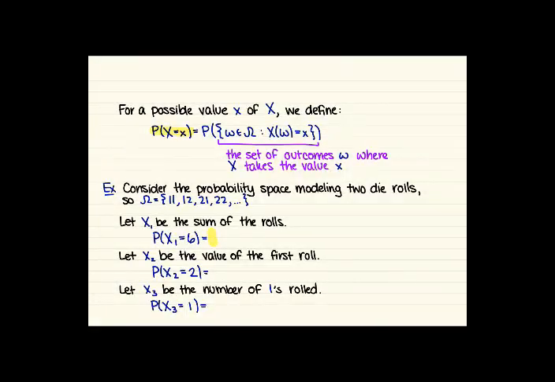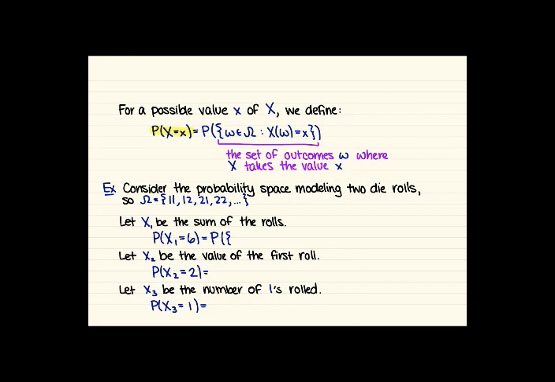So once again, consider the probability space modeling two die rolls, Omega the same as before, and let X1 be the sum of the rolls. So then we can look at the probability that our random variable X1 is equal to 6. So then we want to look at the probability of the event where that actually happens.